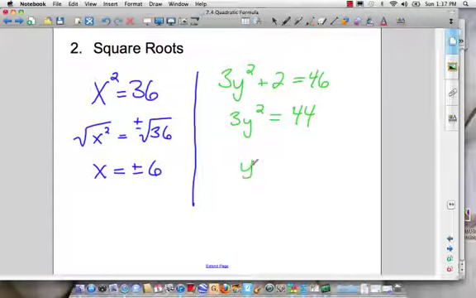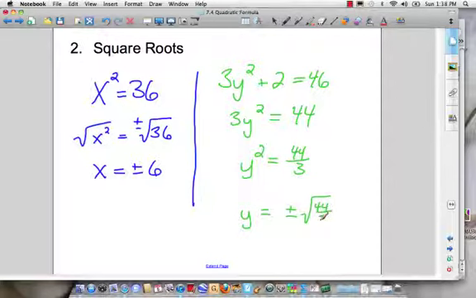Then I'm going to divide both sides by 3. Y squared equals 44 over 3. And then you might think, well, where do you go from there? We don't really know easily what the square root of 44 thirds is. Well, that's okay. We just write our solution like this: y equals plus or minus the square root of 44 over 3.